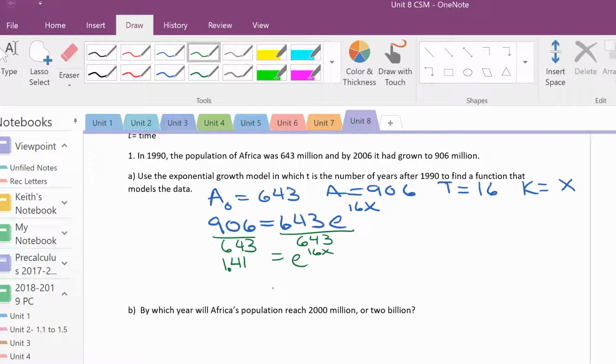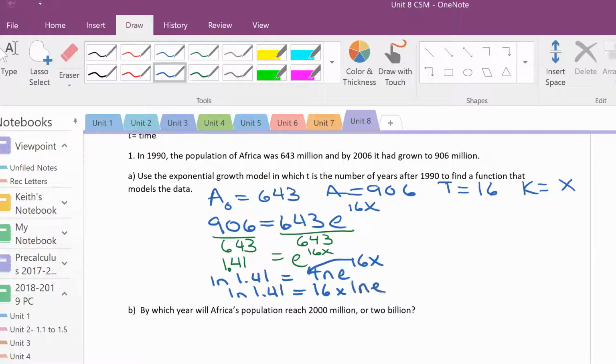So then remember, you take the ln of both sides to get the variable out of the exponent. So then you're going to roll the 16x to the front. And then you get ln of 1.41 equals 16x, because ln of e is 1, divided by 16.